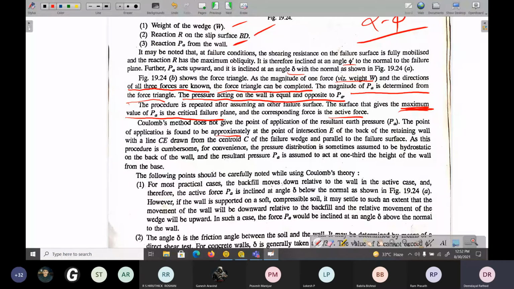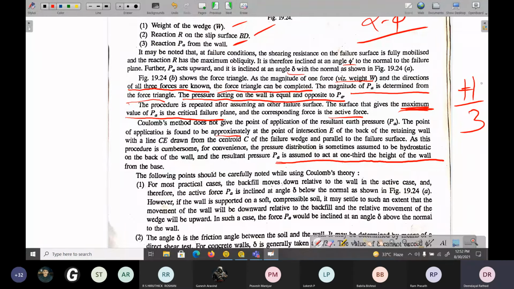And that's how I have shown you, right? So sometimes you will take H by 3 also. As this procedure is cumbersome, for convenience, the pressure distribution is sometimes assumed to be hydrostatic on the back side of the wall and the resultant pressure assumed to act at 1/3 of the height, that means H by 3 from the base, where it will act. Okay.